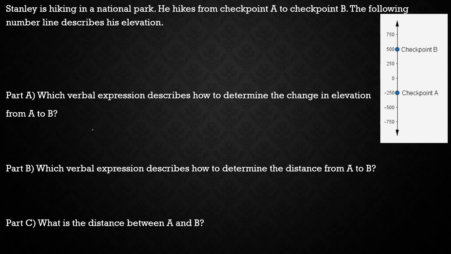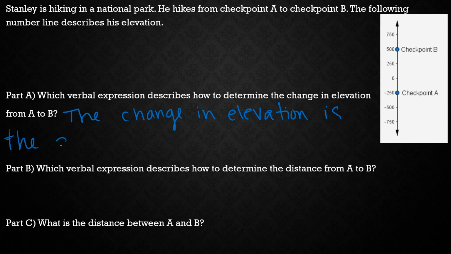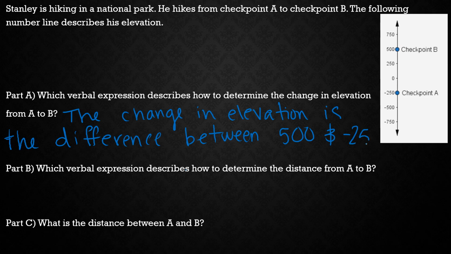So when we're asked to find the change in elevation between these 2 points, the change in elevation is the difference between 500 and negative 250 meters.